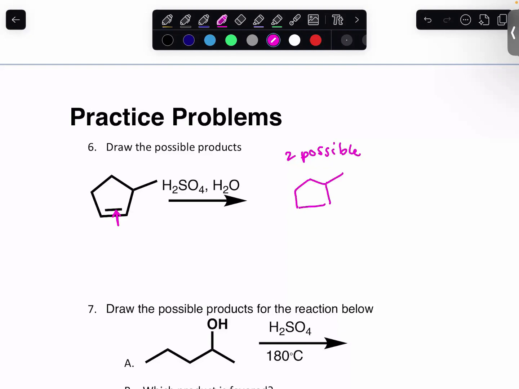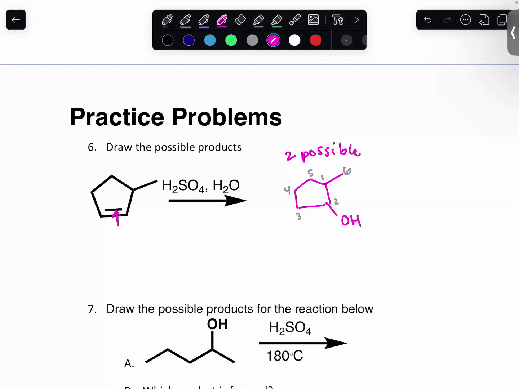If we number our carbons here, should I add it to carbon 1 or 2? Why do you say 2? You've got to put it where the alkene was.